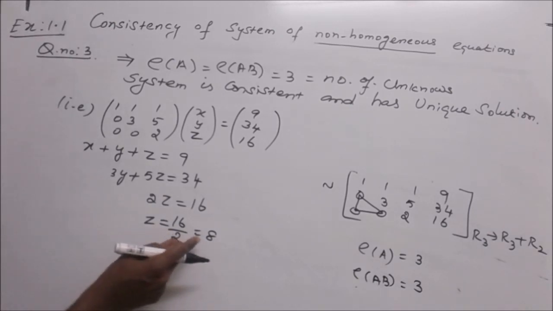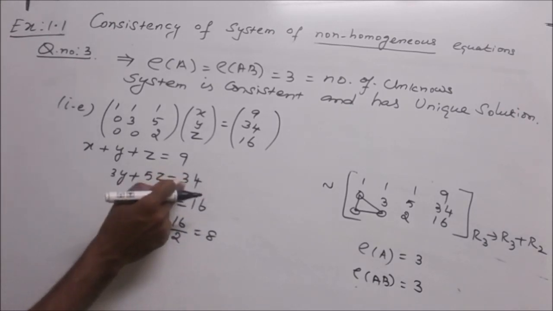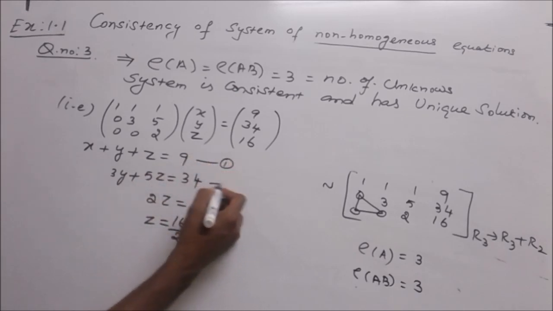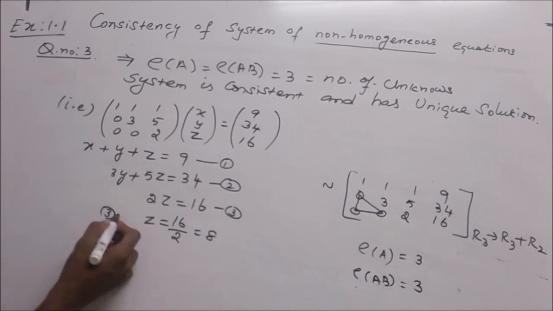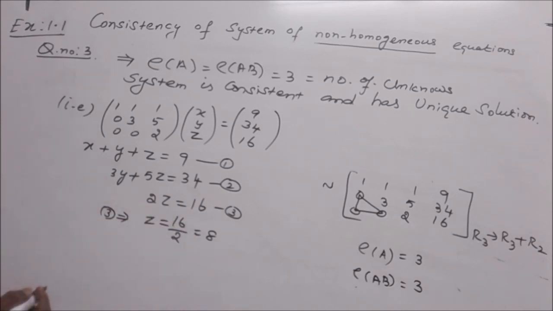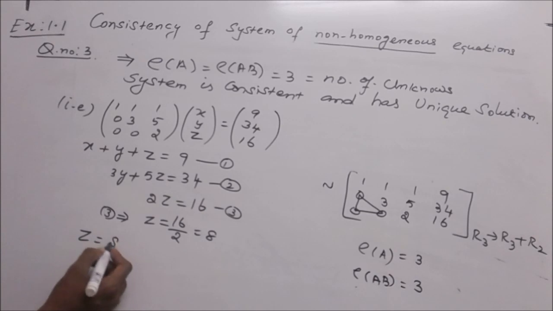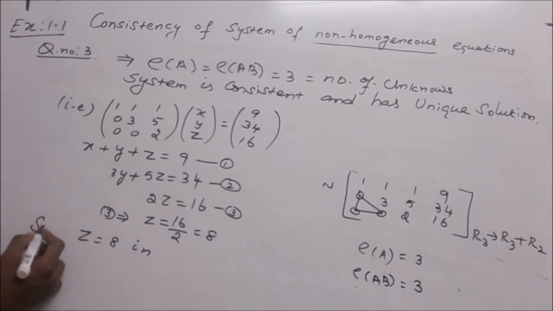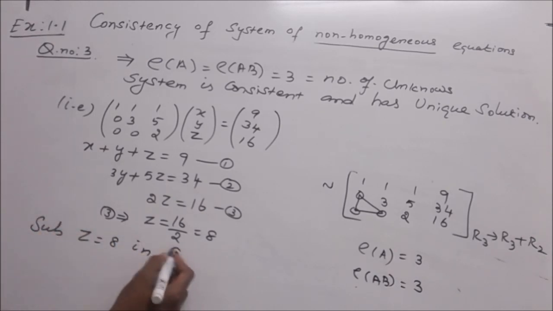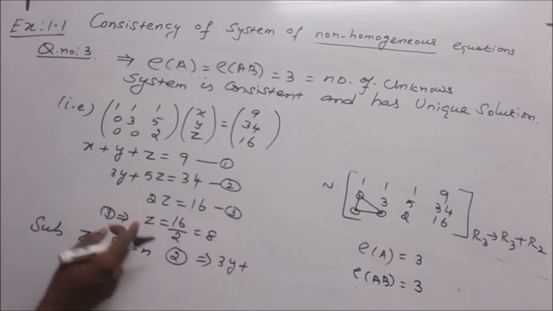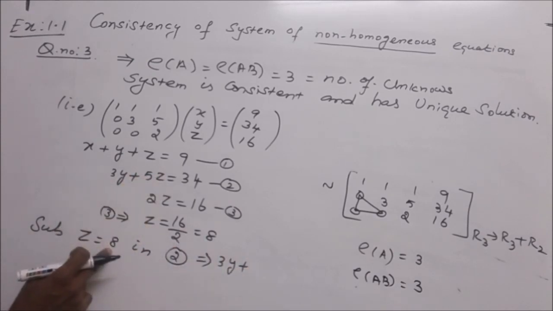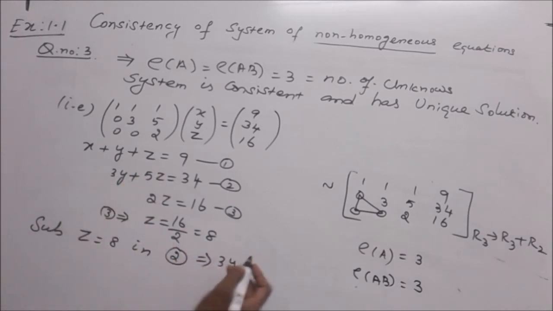Now, substituting this z equal to 8 in equation 2. Let this be equation number 1, another one is 2, and this one is 3. Equation 3 implies z equal to 8. Substitute z equal to 8 in equation 2, which implies 3y plus 5 into 8, that means 40, equal to 34.